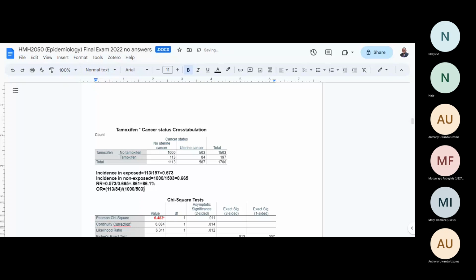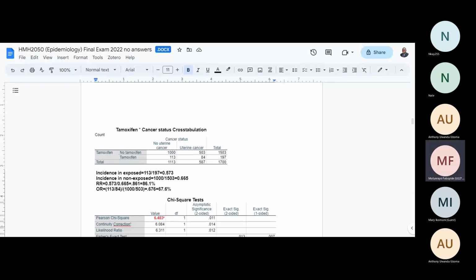What's the answer in decimal? 0.676, or 67.6%. So comparing the two outcomes that we have, our relative risk and our odds ratio.